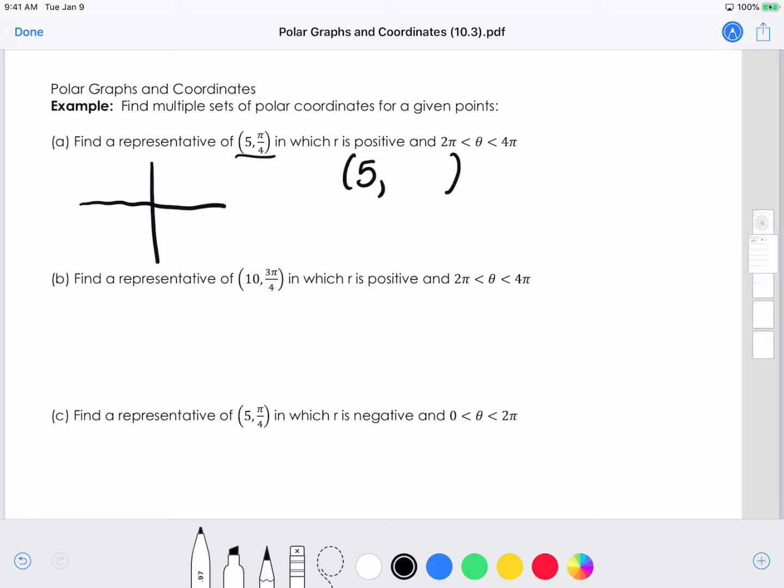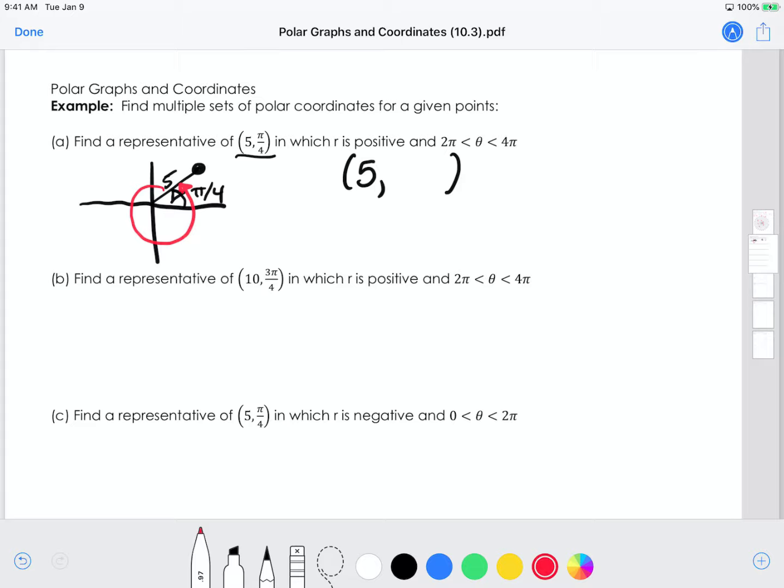So if I graph the point 5, pi over 4, that means I open pi over 4, and then I come out 5 units. So this would be the point 5 and then pi over 4. If I rotate around again, and I add a whole other rotation to that, my angle would be different, but I would still land in the same spot.